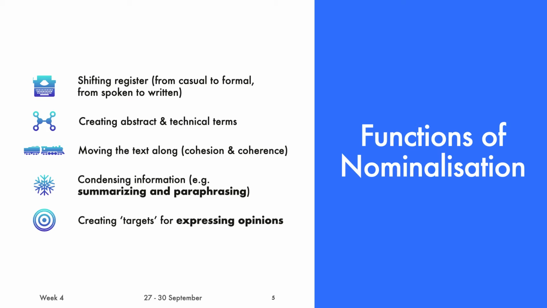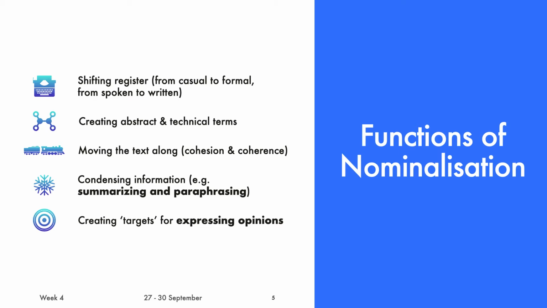The third function would be for cohesion, how you are using nominalization to pack ideas from the previous sentences in order to move the text along. And the fourth function would be, very importantly, to condense information and achieve summarization and paraphrasing.